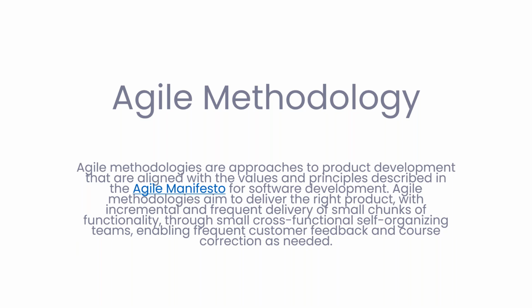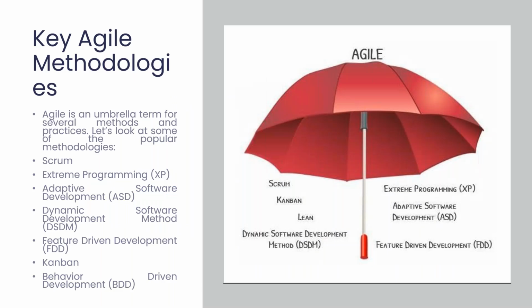Yes, sir. So in Agile we have different frameworks: Lean, extreme programming. We have Scrum, very famous. 80% of companies follow the Scrum model in their organizations. Extreme programming is also used, adaptive software development is used, and dynamic software development very few.